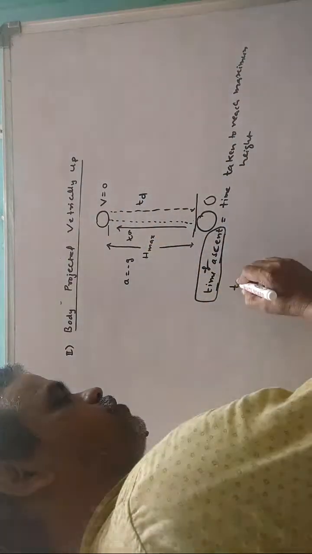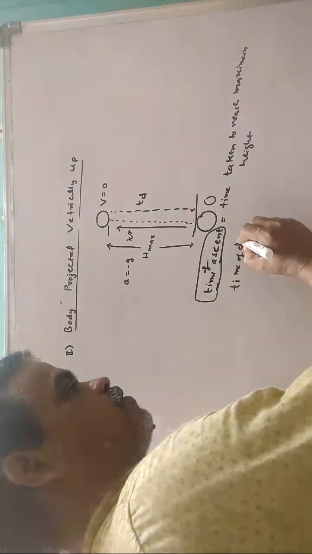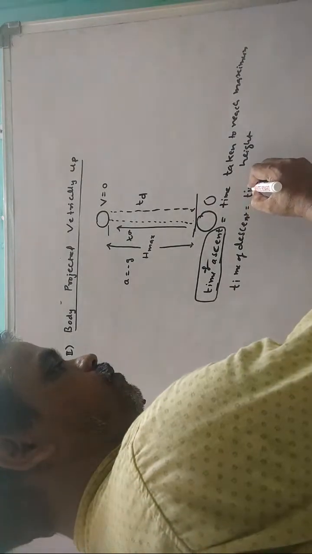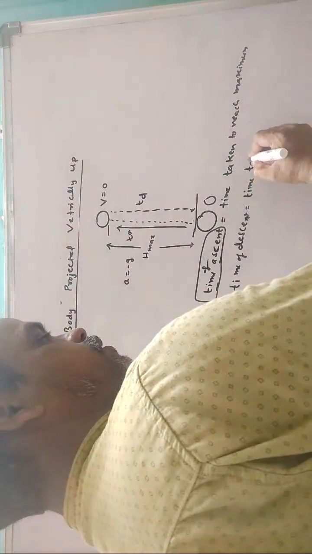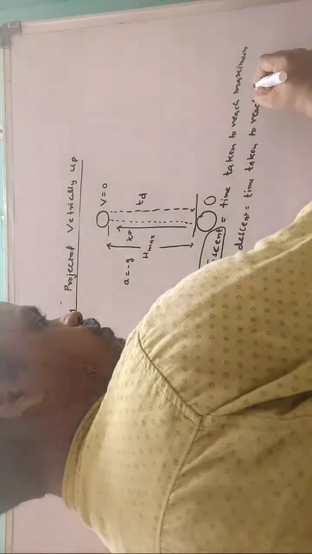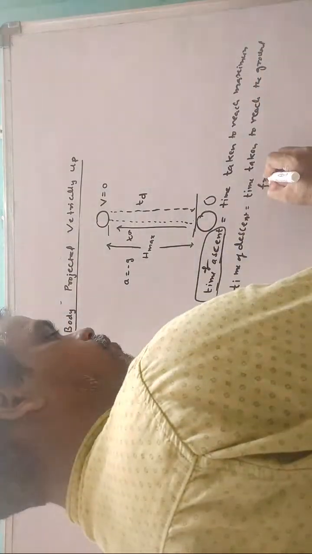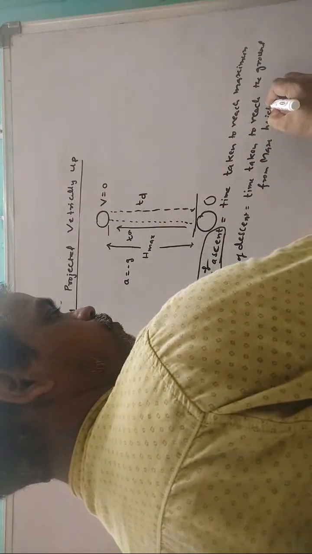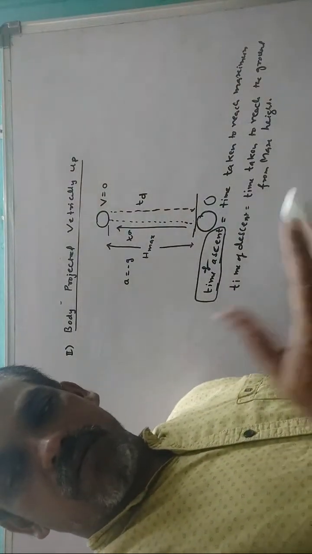So here you also write: time of descent, time taken to reach the ground from maximum height.